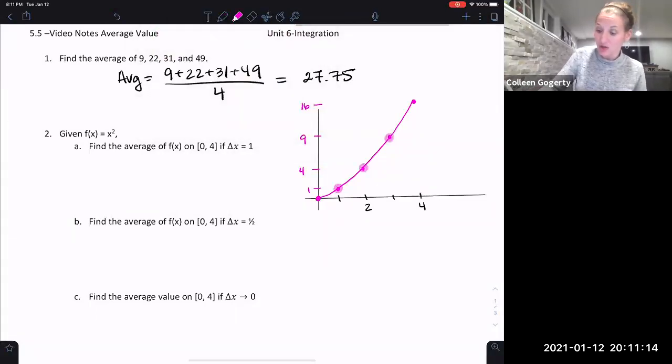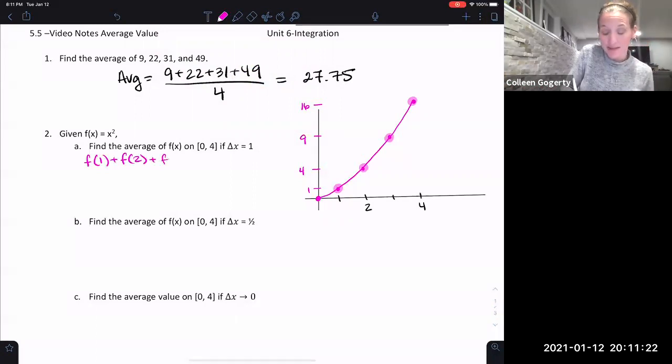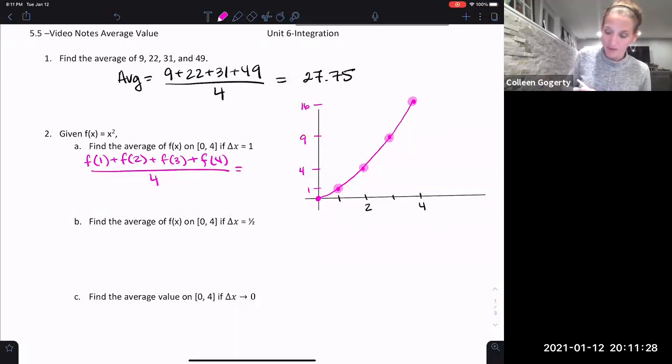So imagine you're starting at 0 and the change is 1. Ultimately what I'm asking you to do is take f of 1 plus f of 2 plus f of 3 plus f of 4 and divide by 4. And what do we get out? We're going to have 1 plus 4 plus 9 plus 16 divided by 4, and we're going to end up with 7.5.